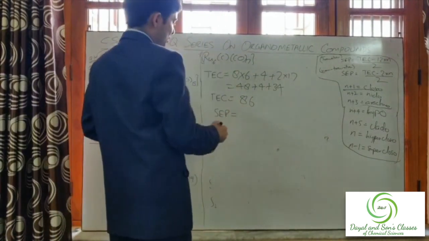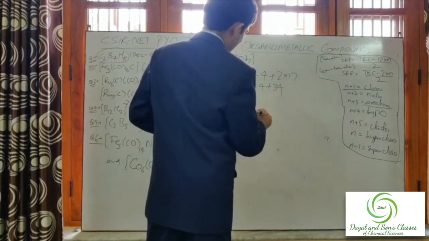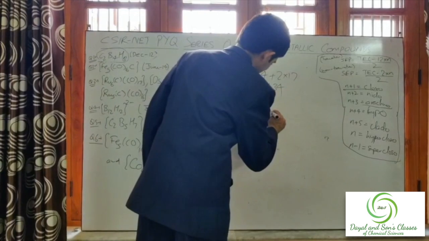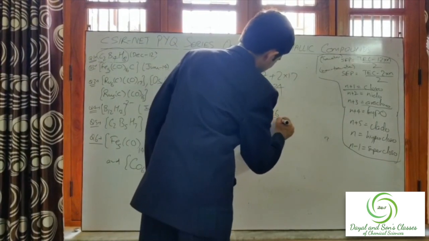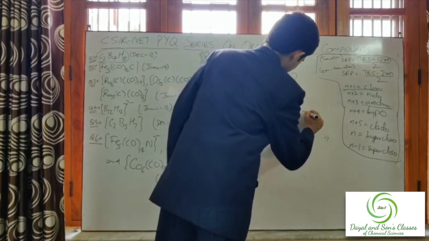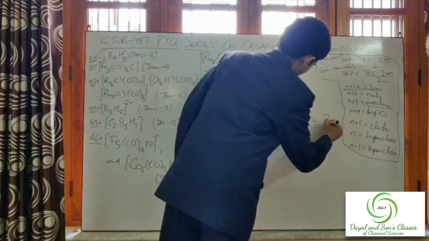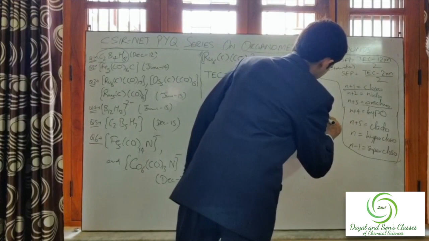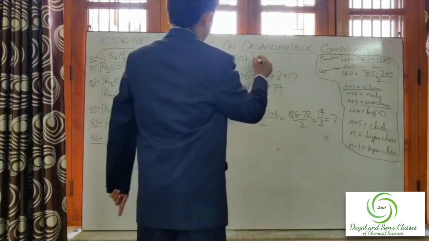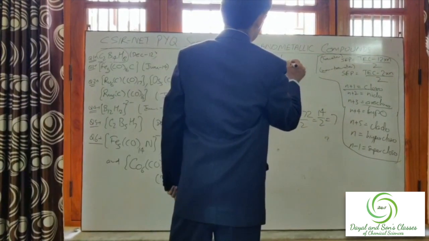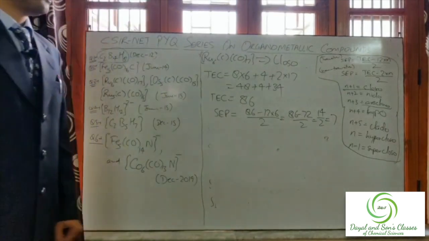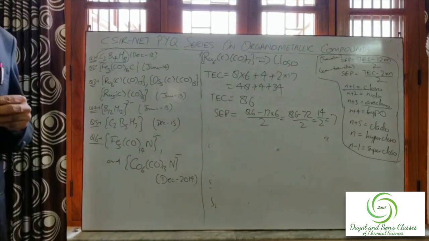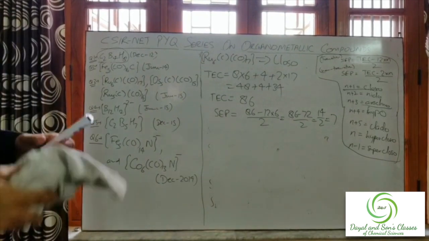SEP is equal to total valence electrons 86 minus 12 into 6, divided by 2, that is 86 minus 72 upon 2, 14 by 2, equal to 7. This implies it will be Closo. I hope this is clear.